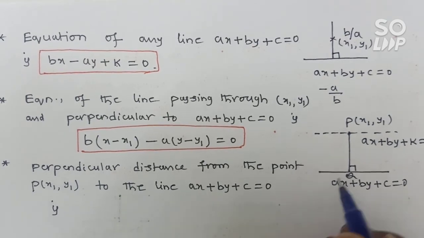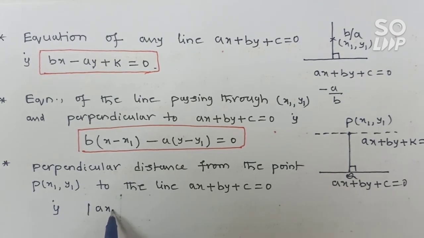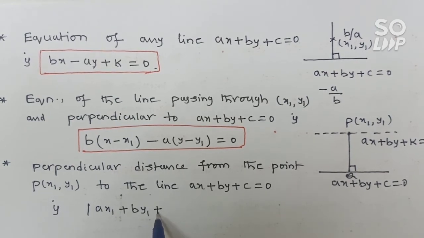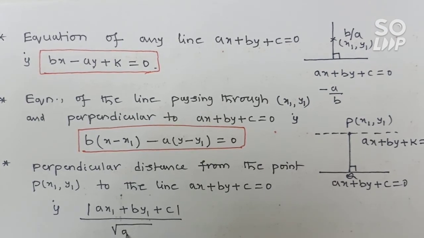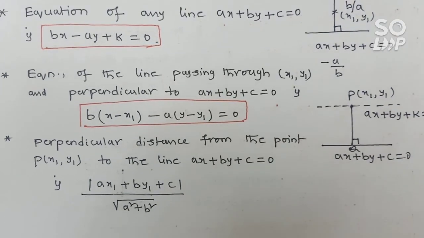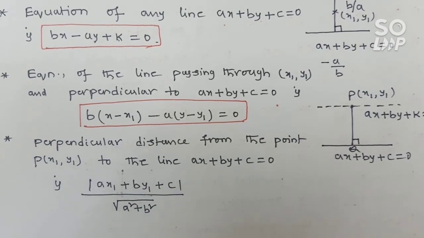That is the PQ length, that is equal to modulus of a into x1 plus b into y1 plus c, whole divided by root of a square plus b square. So in this one, in the numerator, directly substitute the point.